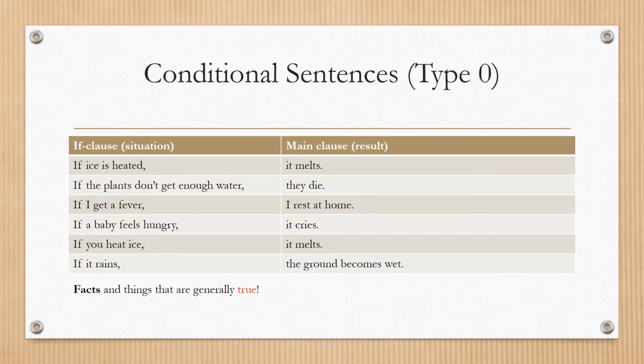These are all examples of type 0 conditional sentences. Can you find any similarities in the usage of it? Yes. Conditional sentences are used when we want to talk about universal or scientific facts that are always true.